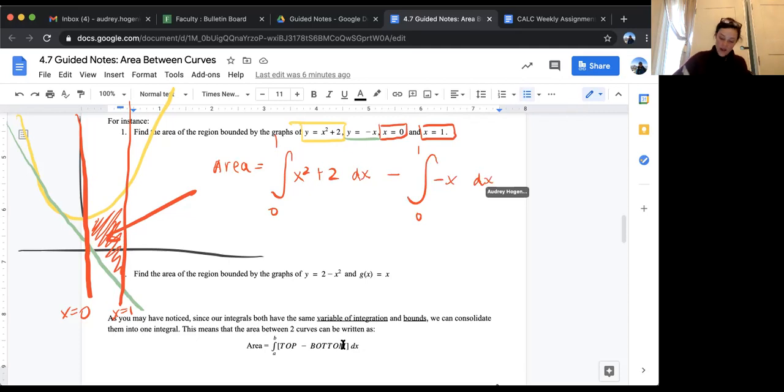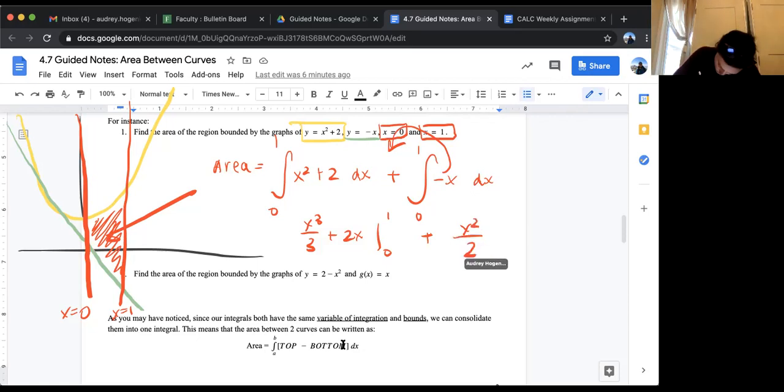So now we can go ahead and evaluate these integrals. The integral of x squared plus 2 is going to be x cubed over 3 plus 2x from 0 to 1, and we could remove this minus and turn that into a plus, and then the integral of x is going to be x squared over 2 from 0 to 1.